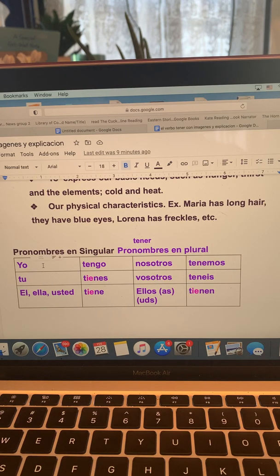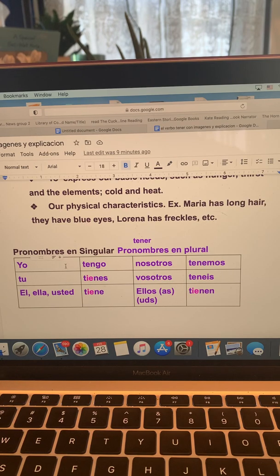Now, you learned in the regular verbs, we have to chop off the ending of the verb. But because this one is irregular, I conjugated the verb with its irregularities. You can see them in red, okay?